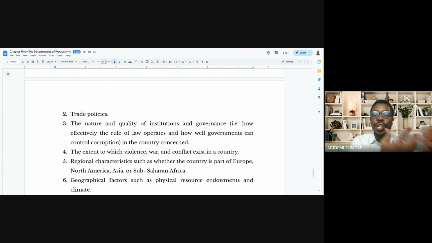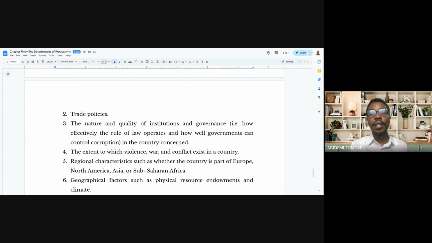Why? Because they're going to share best practices, rule of law, and infrastructural development. If those developed countries have a very solid educational system, then the developing country will have no choice than to also have a solid educational system.